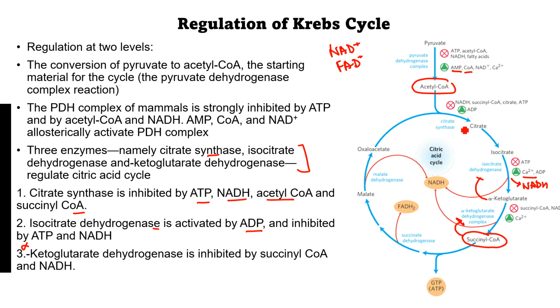There were three main enzymes regulated in the Krebs cycle: citrate synthase, isocitrate dehydrogenase, and alpha ketoglutarate dehydrogenase. All three are inhibited by a high concentration of NADH and ATP.